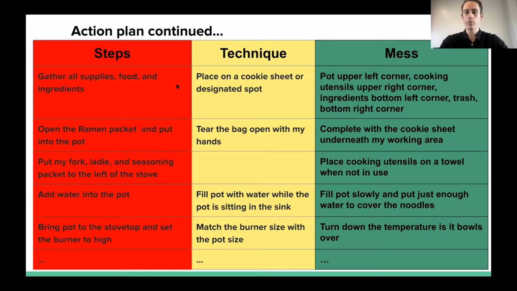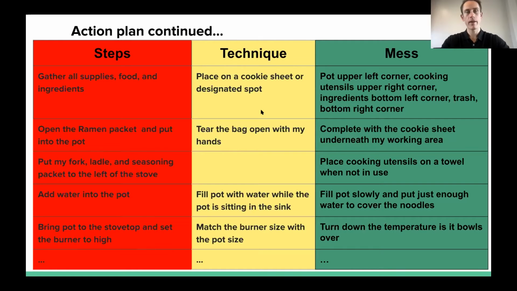Well, I'm going to use a cookie sheet underneath where I'm opening that packet. So I'll open it up, and if something spills out, it'll go right on that cookie sheet and I can find that a little bit easier. And then I'm going to put that into the pot right from there so I don't spill it anywhere else, in case it's a little bit crumbly inside of that packet.